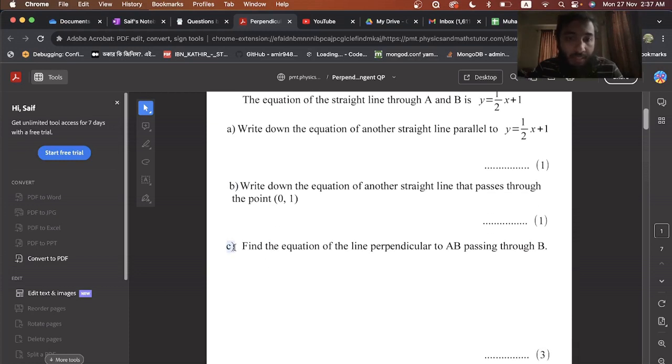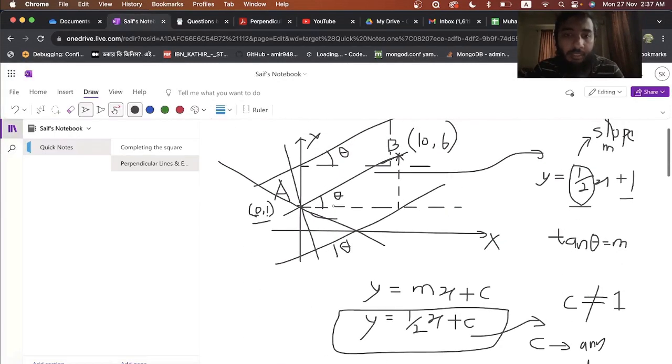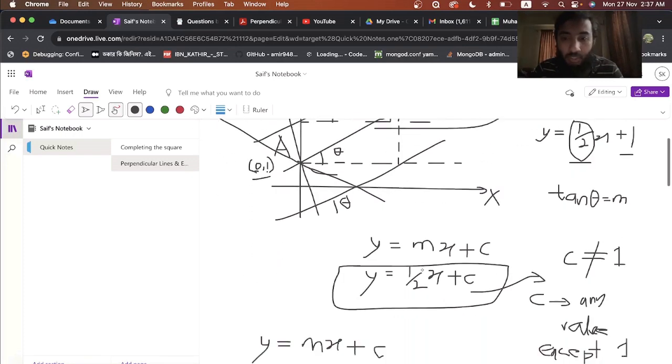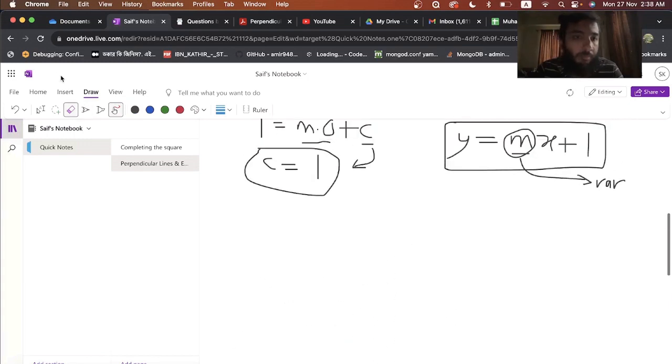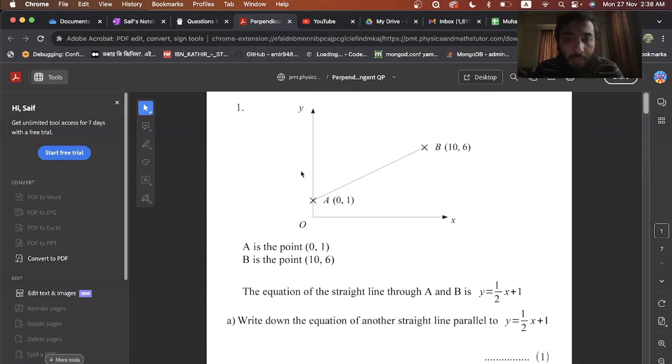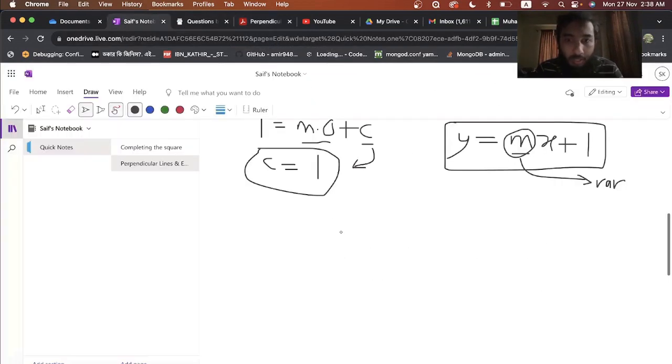For question C here, find the equation of the line perpendicular to AB passing through B. So I have to find the line perpendicular to AB. Let me redraw this because it's a bit congested here. Let me redraw the graph.